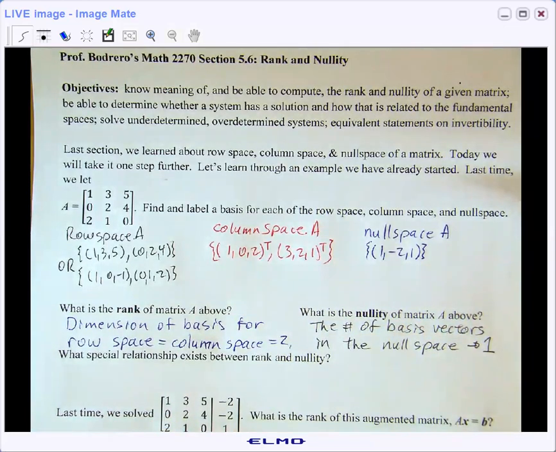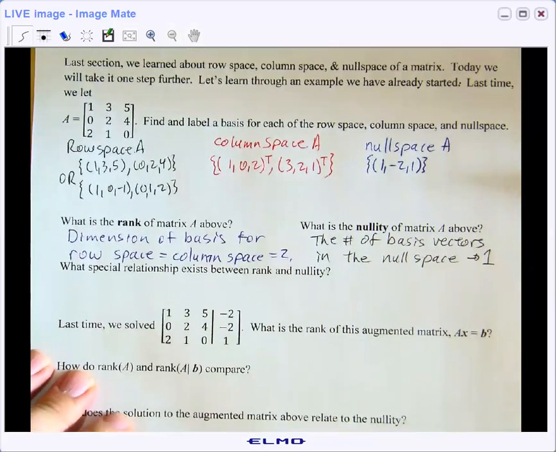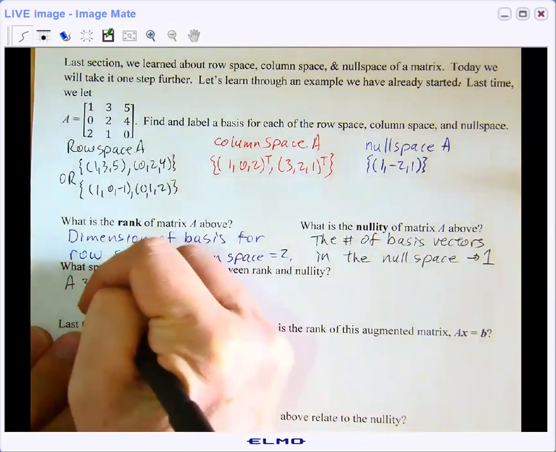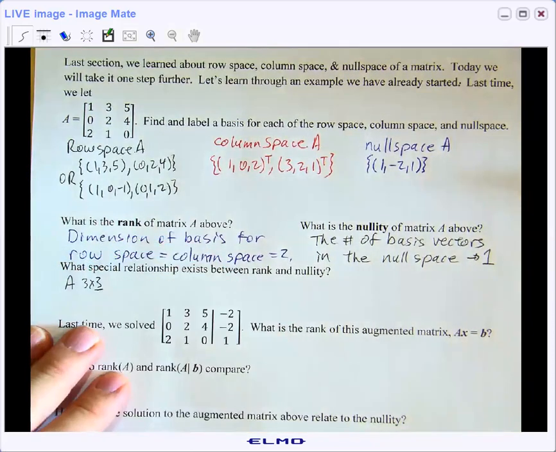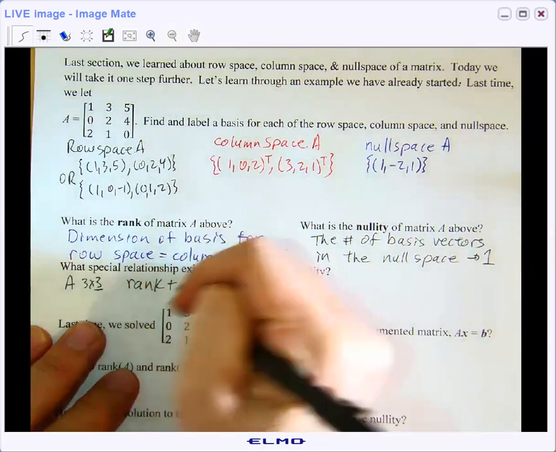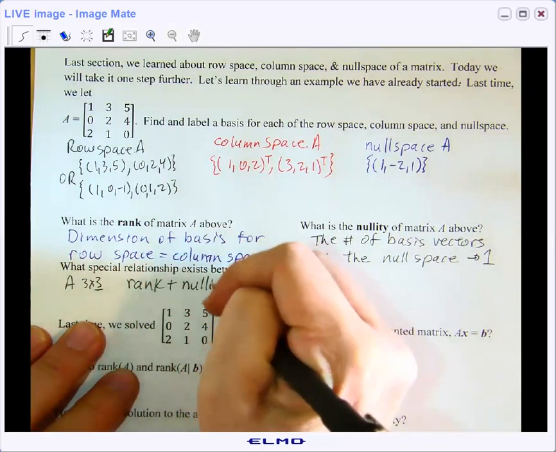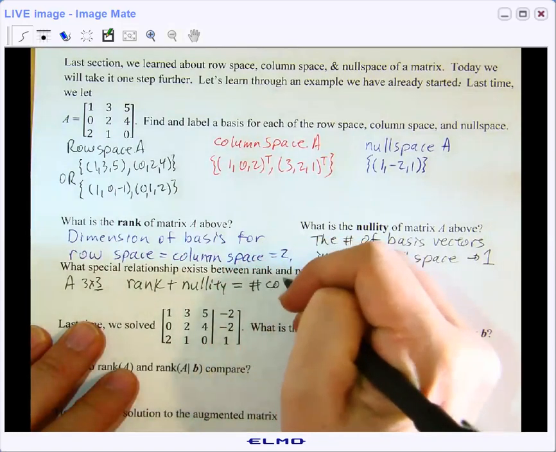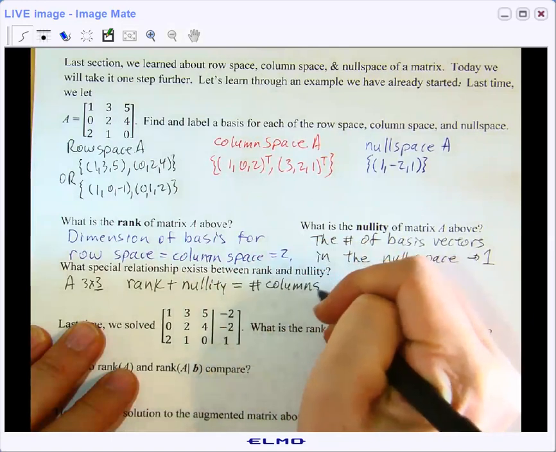Now there's a special relationship that exists between the rank and the nullity, something that we've used a lot throughout the semester, you just didn't know it. So matrix A was a 3 by 3 matrix, namely had 3 columns. If I take the rank and I add the nullity, I will get the number of columns in the matrix.